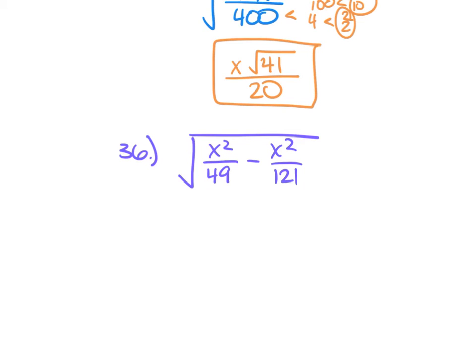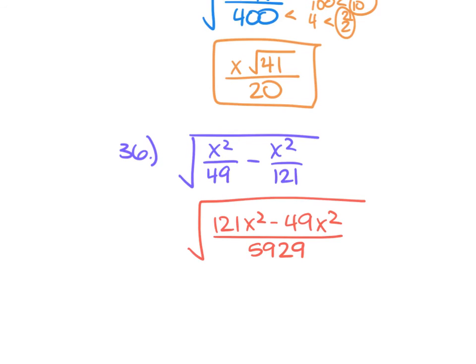They're prime numbers, so you might as well go ahead and do that. So it's going to be 121x squared minus 49x squared all over 5,929. And that's all underneath the radical.